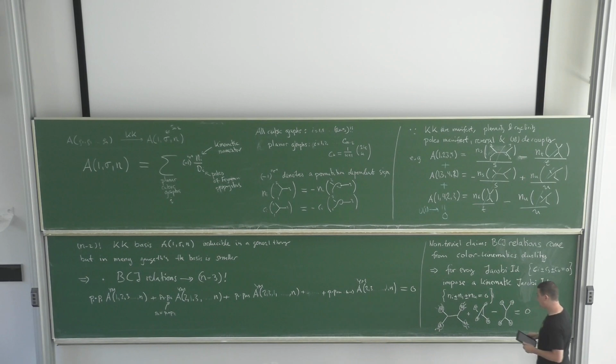You pick a 4-point subgraph, do this three-term move or Jacobi identity, and set it equal to 0. You do it for all such triplets and solve, and you can check that that will give you such relations.